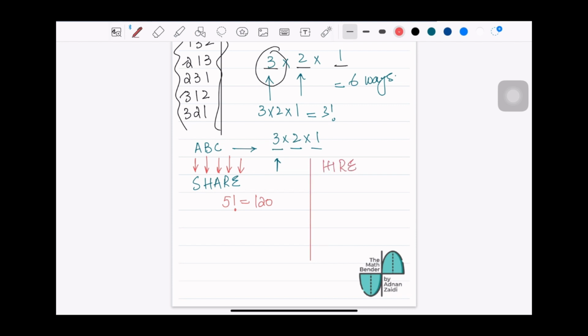Here is a word, HIRE. I would want you to pause the video and try finding how many possible ways we can arrange this word. So it's going to be 4 factorial.